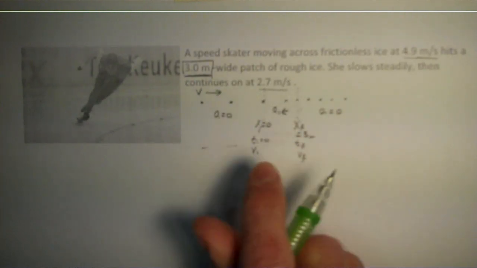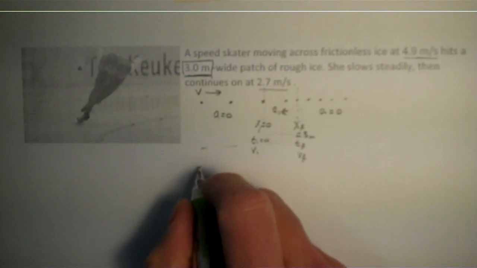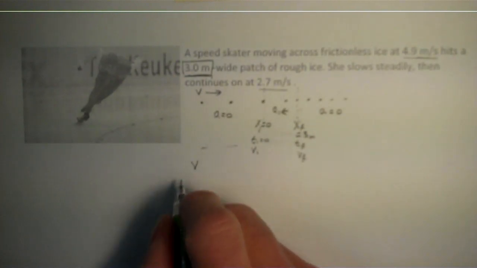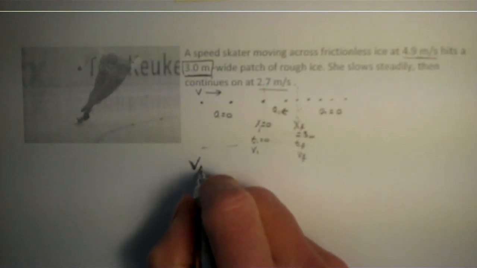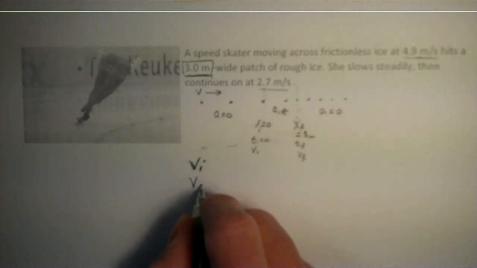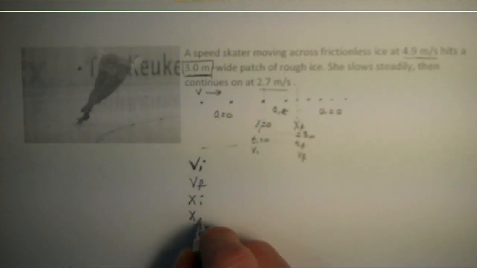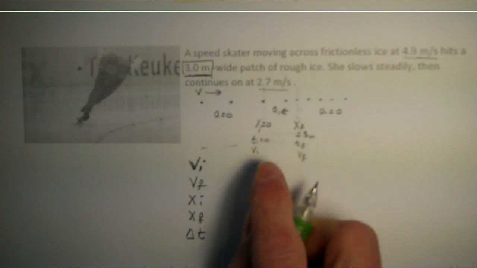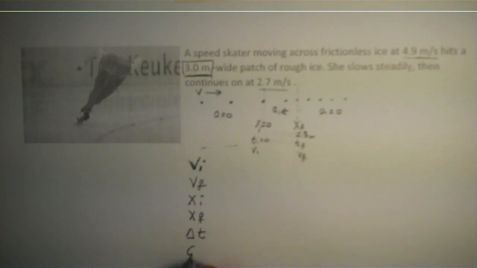Now the next thing I do: I only have one phase, so for that phase I'm going to list the potential variables. They'll always be the same. We'll have velocity initial, velocity final, position initial, position final, change in time, which is the difference between the time final and the time initial, and the acceleration.